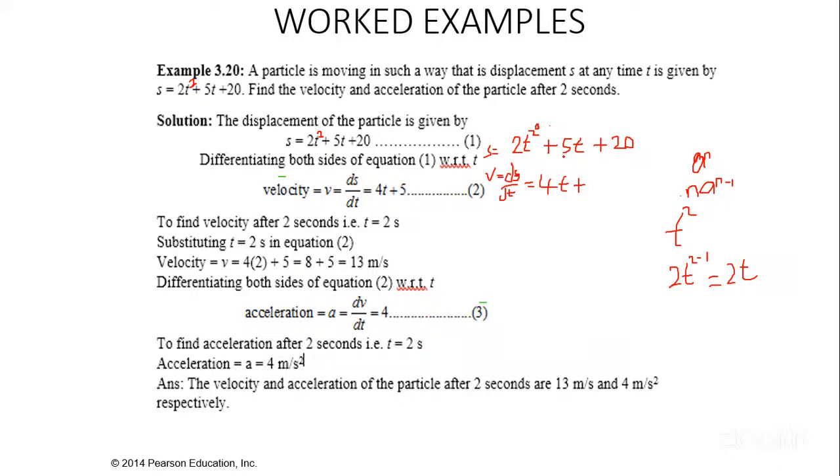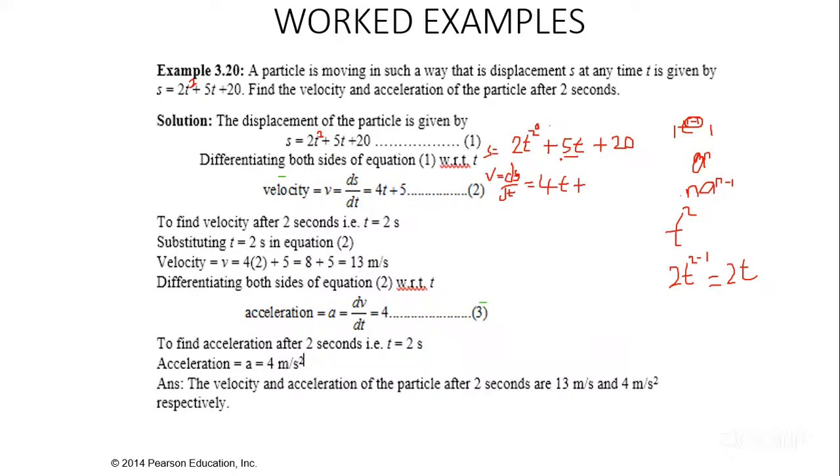Now, for the second one, we have 5t. So, of course, you know that t is raised to 1. So 1 minus 1 gives us 0. Anything raised to 0 is equal to 1.